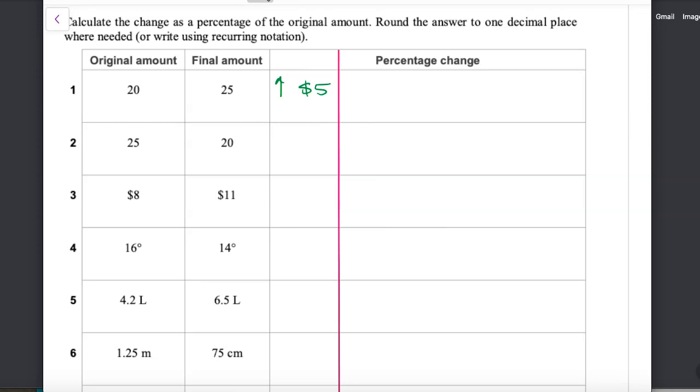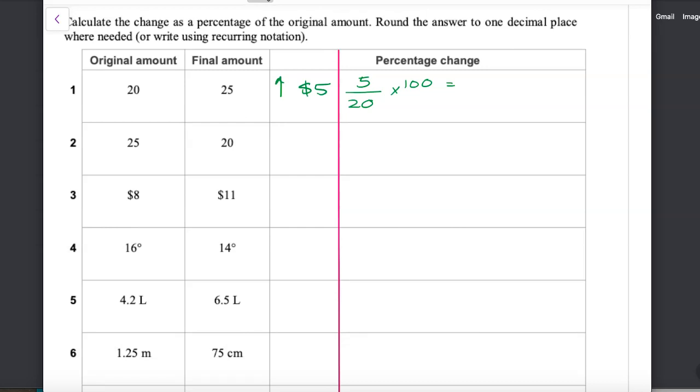What I want to find out is, what is this increase as a percentage of that original amount? Well, I know that to find this, I'm going to take the increase in comparison to what I started with and express it as a fraction. Now, to get a fraction to a percentage, we simply multiply by 100. So in this case, I've got 5 over 20 times 100.